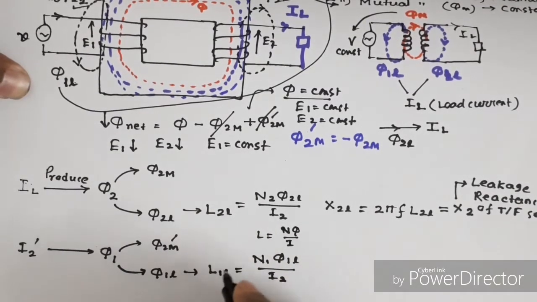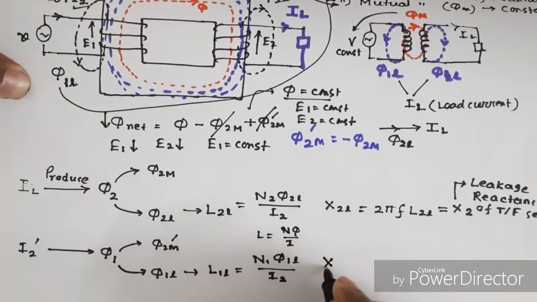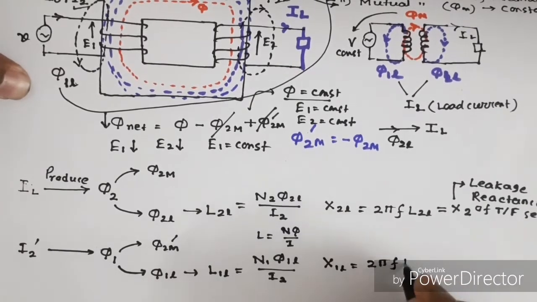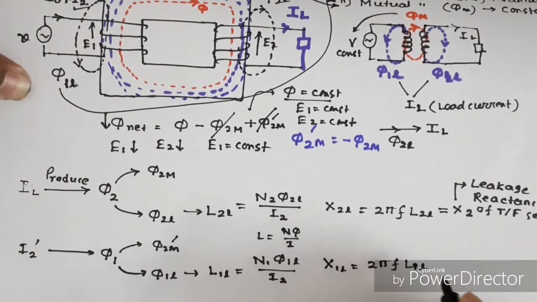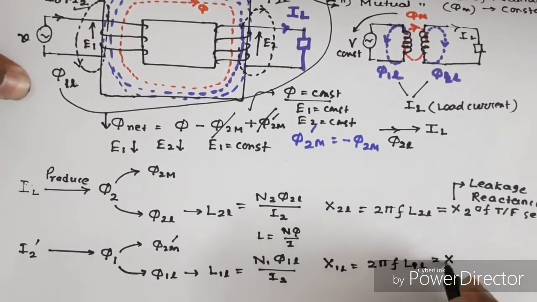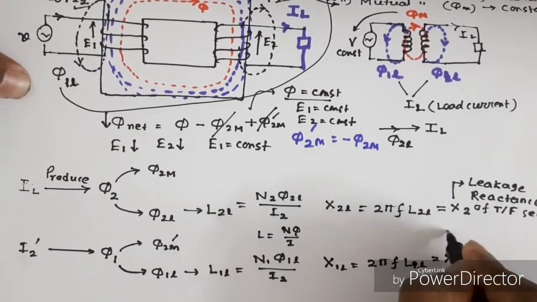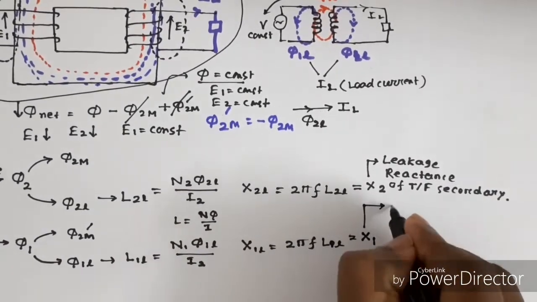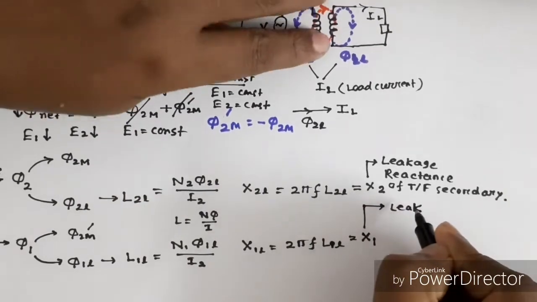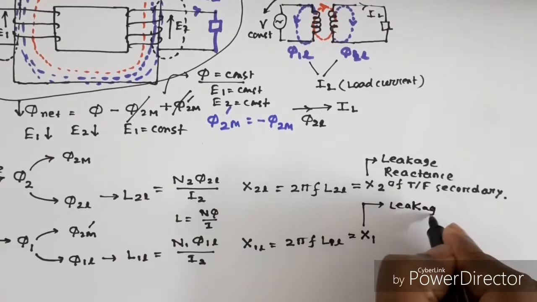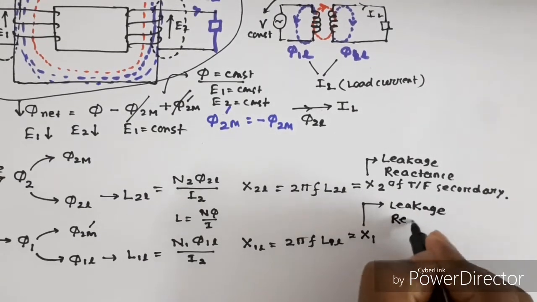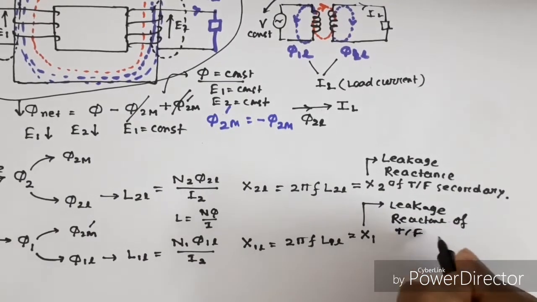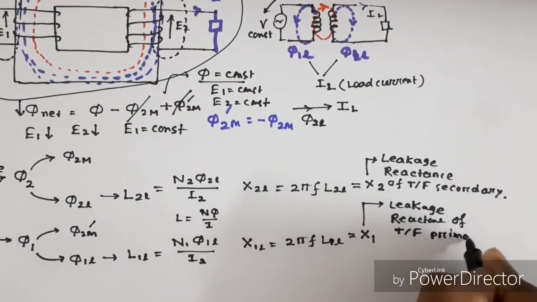Due to this leakage inductance, the leakage reactance X1L will be given by 2 pi f L1L, that is equal to X1, called the leakage reactance of the transformer primary.